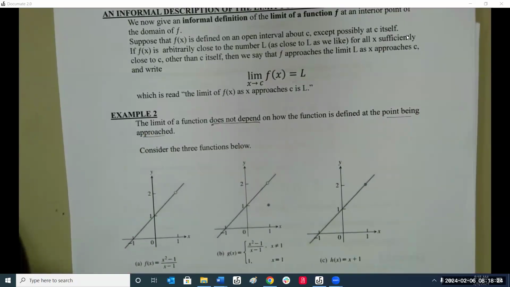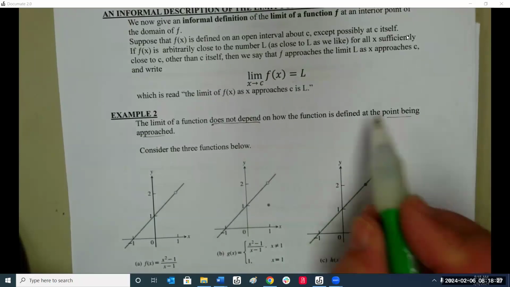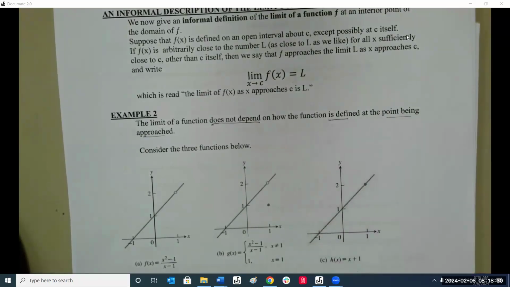What does that mean? So what do you think it means? We all read English. So what do you think it means?